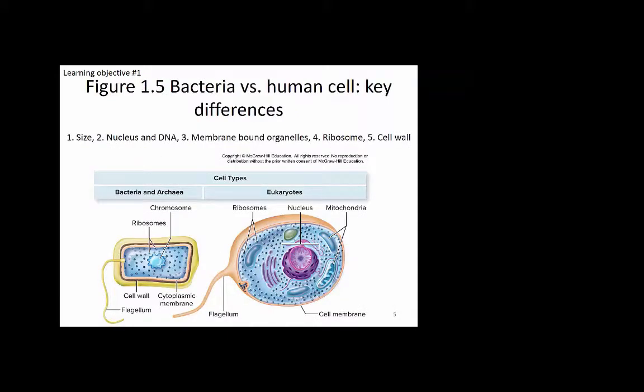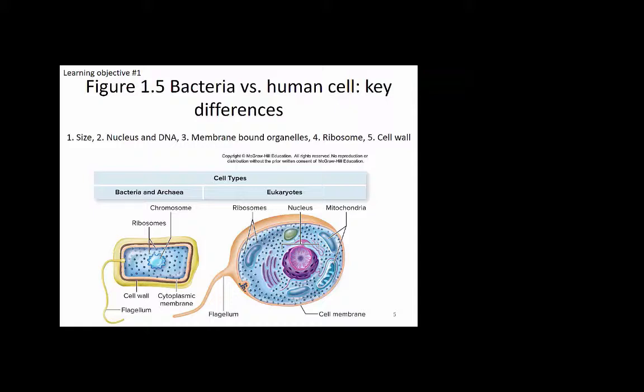There are several key differences between bacteria and human cells that we're going to discuss. The first being that bacteria are much smaller than human cells in size. Secondly, that human cells are eukaryotic and have a nucleus, where bacteria cells are prokaryotic and do not have a nucleus.